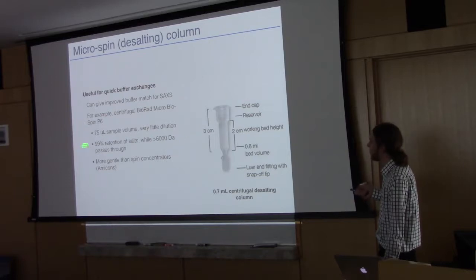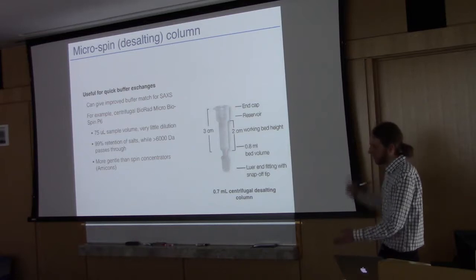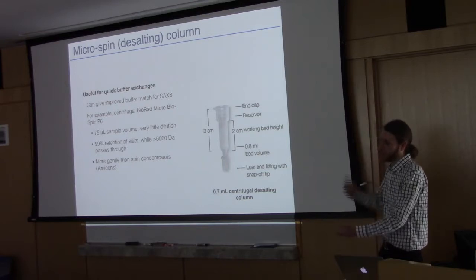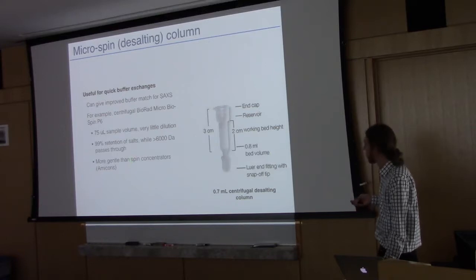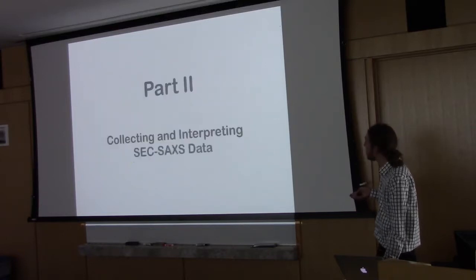So it's a convenient size and has 99% retention of salts. Anything larger than 6 kilodalton will pass through. These are actually more gentle than spin concentrators because you're not increasing the concentration and diluting repeatedly. So they're a little more gentle if your protein is prone to aggregation, which I guess most are.